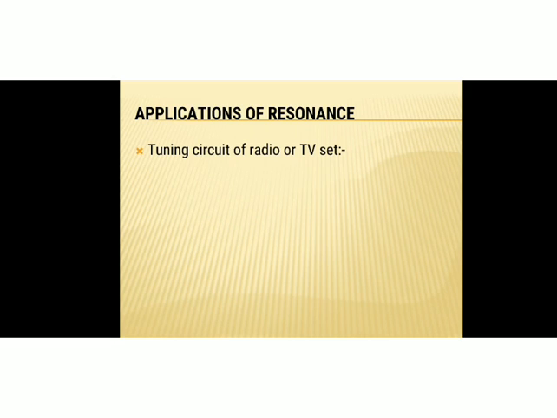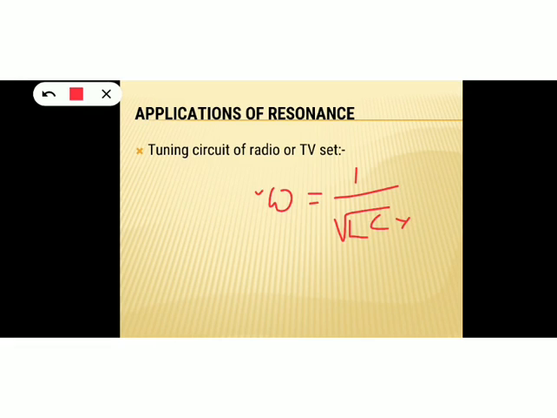So when we are moving the knob of the radio, the capacitance inside the LCR circuit is actually changing. When the capacitance changes, the frequency also changes. Why? Because frequency omega is 1 by square root of LC. So when capacitance changes, the frequency omega also changes.